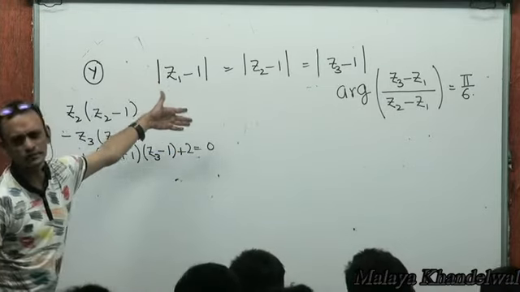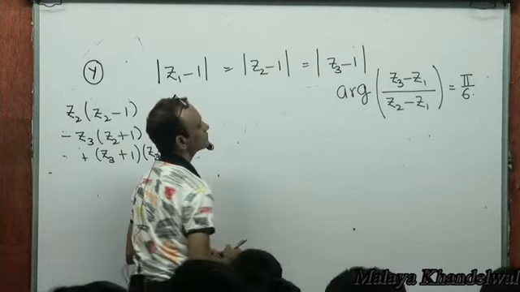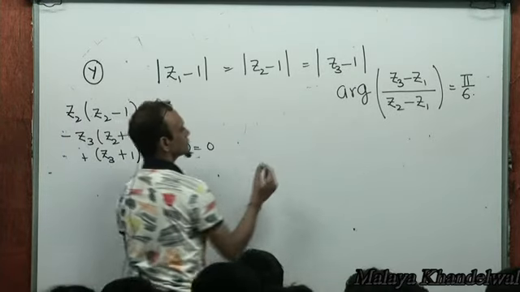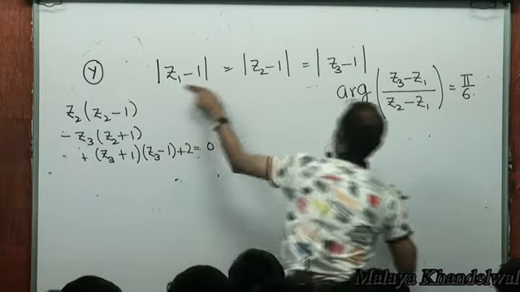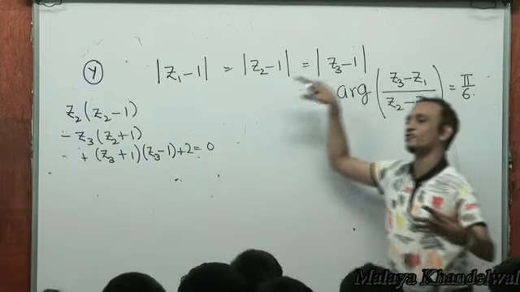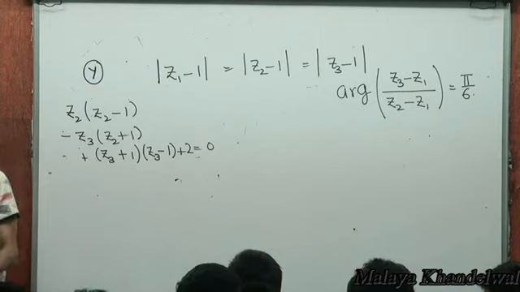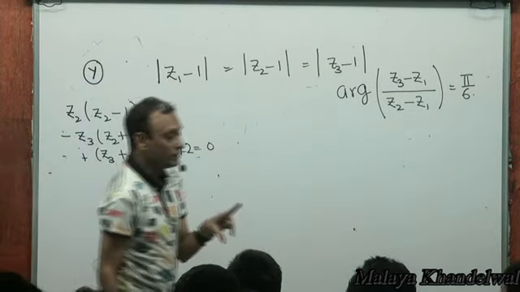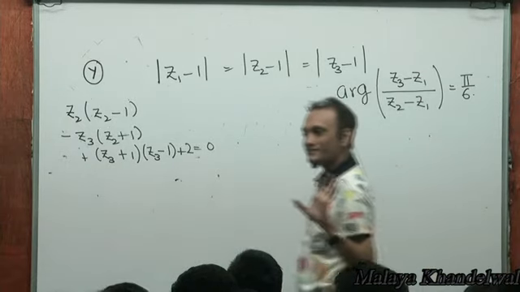All right. Let's look at geometrically what it all means. Right? See, this means distance of z1 from 1 is distance of z2 from 1 is distance of z3 from 1. That means z1, z2, z3 are equidistant from the complex number z naught equal to 1. That means a triangle constituted out of z1, z2, z3 has its circumcenter equal to 1.